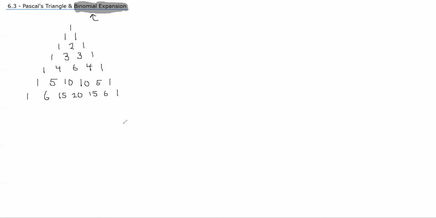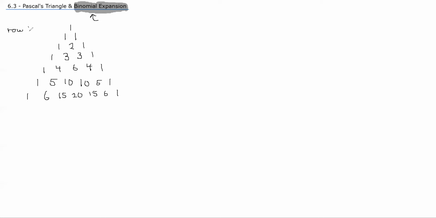All right, starting off, what is so special? Again, as I said before, there are a bunch of different patterns in here, but to make patterns easier to identify, we're going to start by labeling these rows and these terms inside each row, starting with the number 0. Okay, so bear with me.